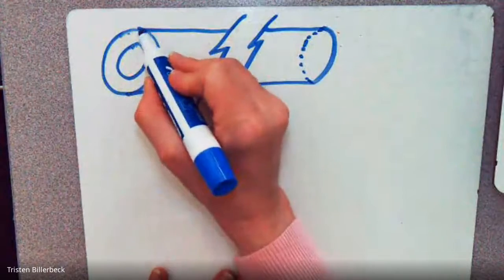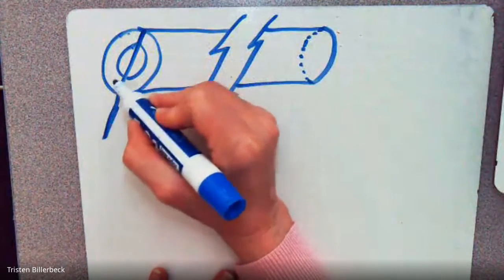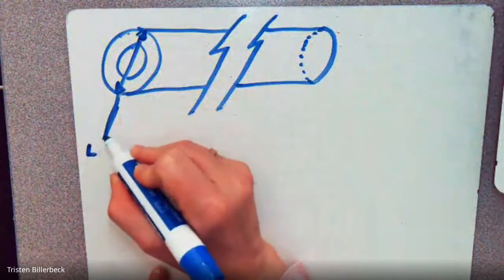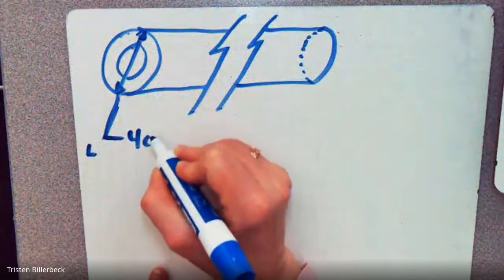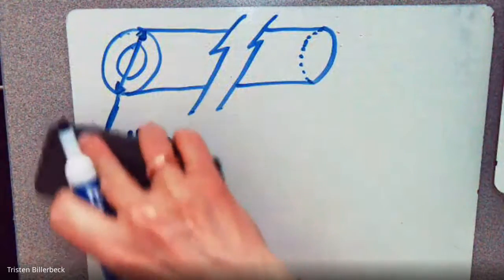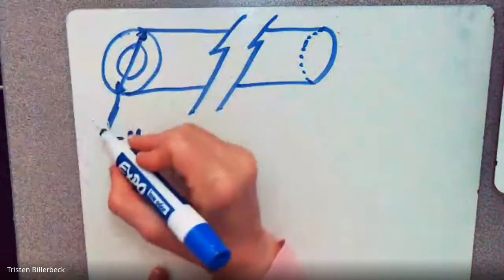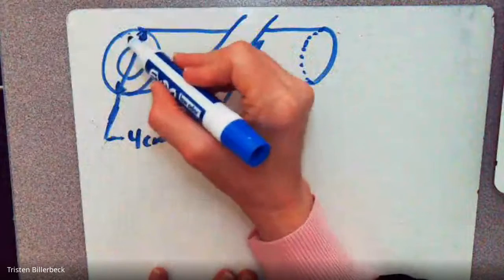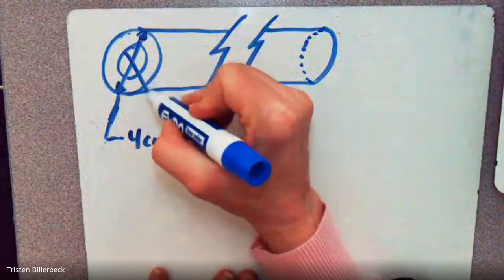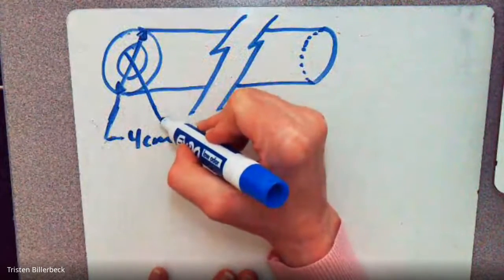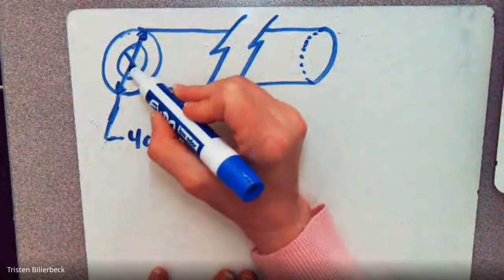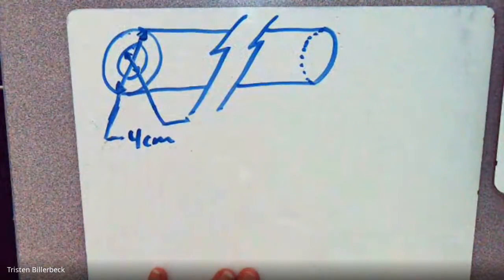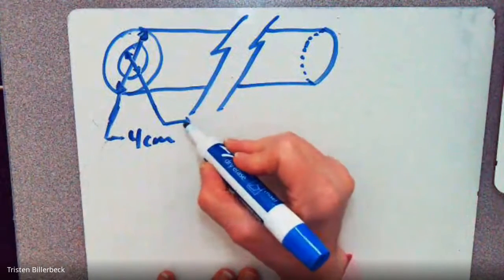Okay, so then if we want the diameter of the outside, we look, that was 4 centimeters. Let's do 4 centimeters like that. Okay, and the diameter of this inside one, that one, let's make, that was 3.2.